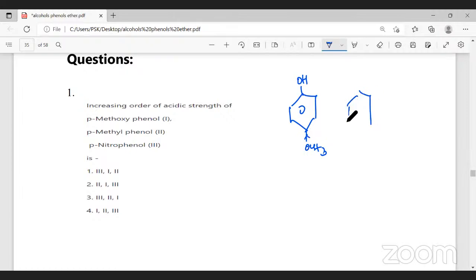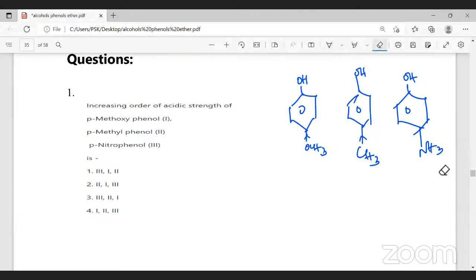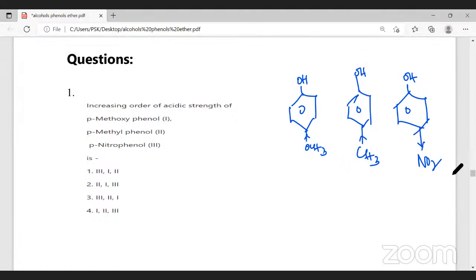This is paramethylphenol, with CH3 at the para position. Next is paranitrophenol. Methyl and alkyl groups are electron donating groups, and NO2 is an electron withdrawing group. Electron donating groups decrease the acidity of phenol, and electron withdrawing groups increase it. So this will be the strongest, no doubt, because NO2 stabilizes the phenate ion.